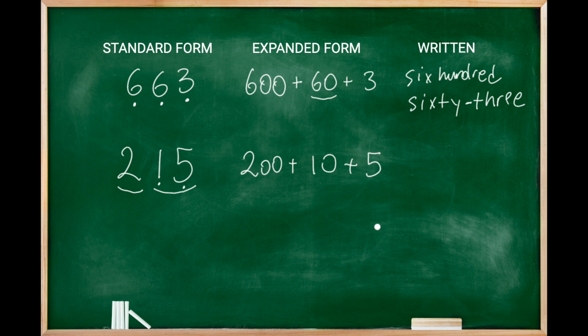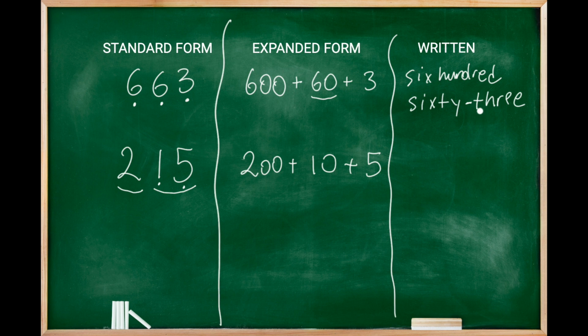So this is how we write it in expanded form. If you separate these columns, how do you read this number? 215. We read this together as one number. 15 is a teen number.